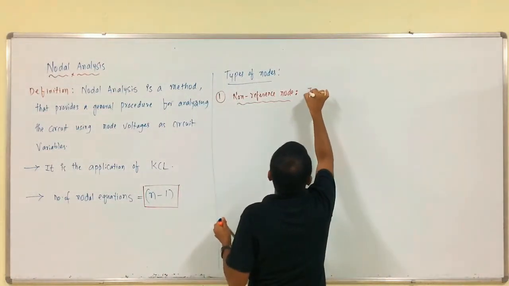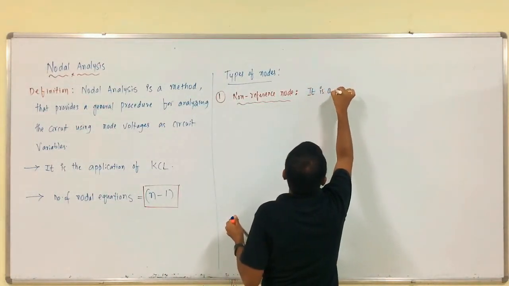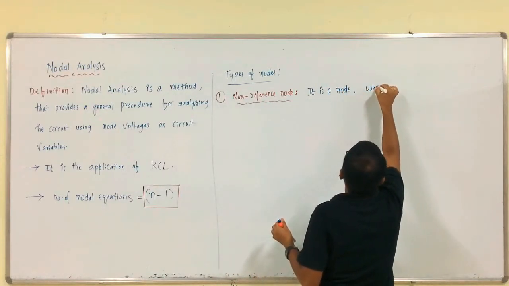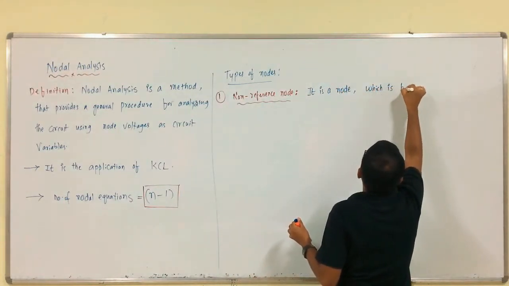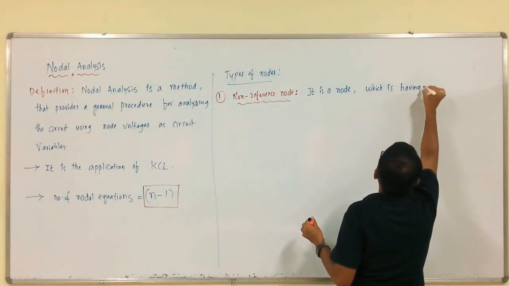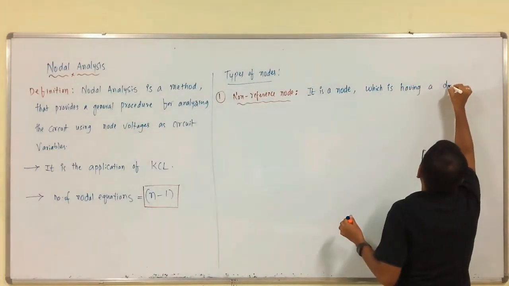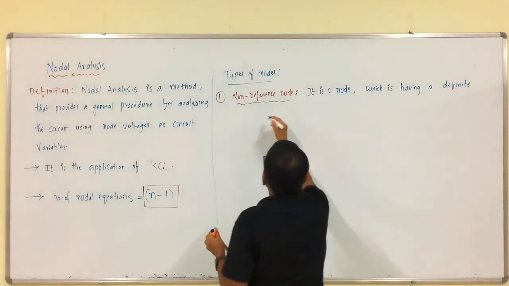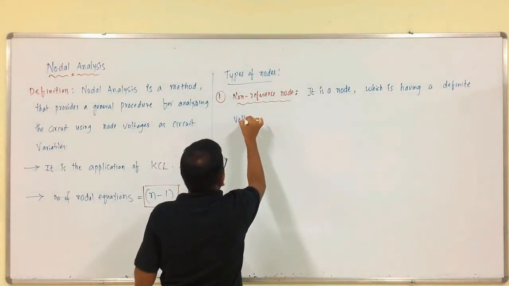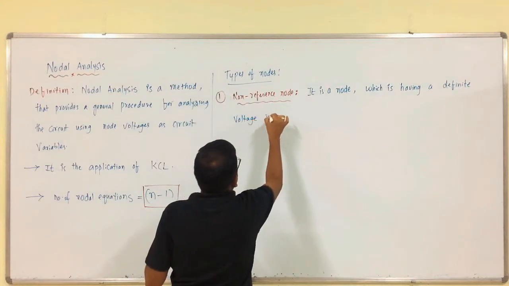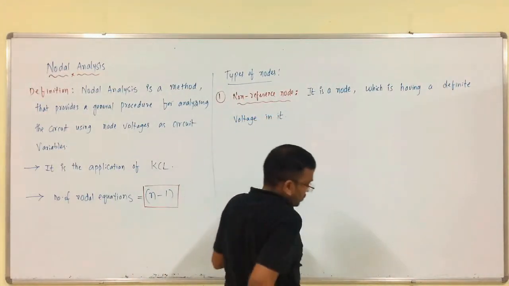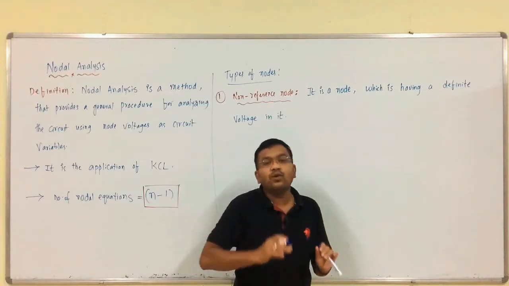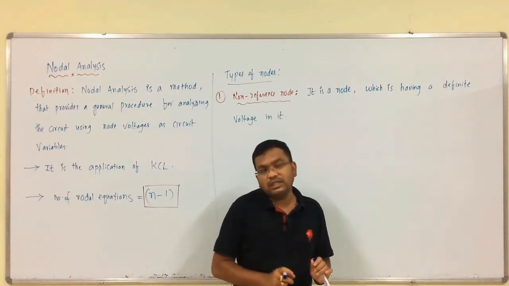It is a node which is having a definite voltage in it. So, the node which is having a definite voltage in it, that node is nothing but a non-reference node.